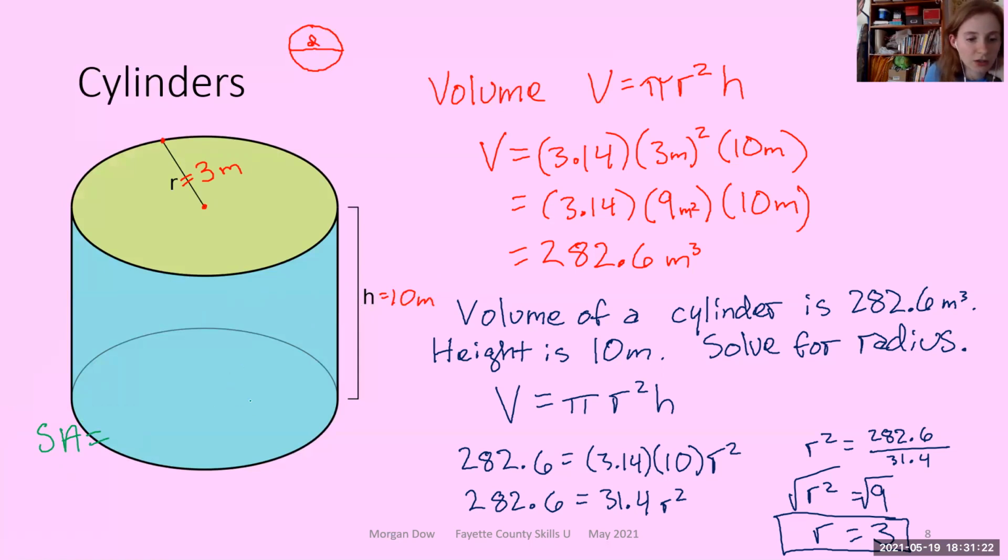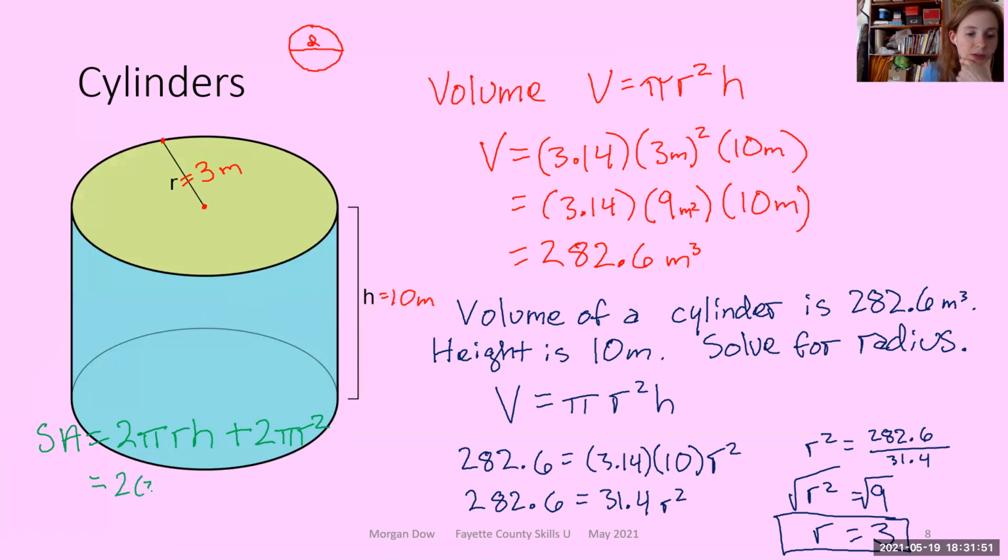Surface area is 2 pi times the radius times the height plus 2 times pi r squared. And we know all these measurements, right? So our radius is 3, our height is 10. We know that pi is approximately 3.14. So I'm going to plug in my numbers and then do my calculation.